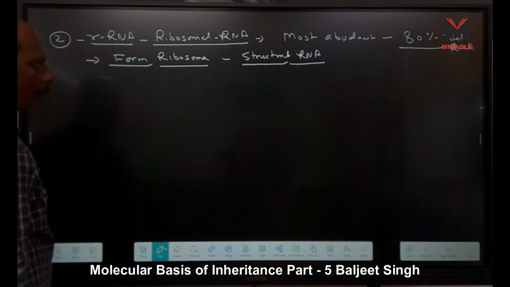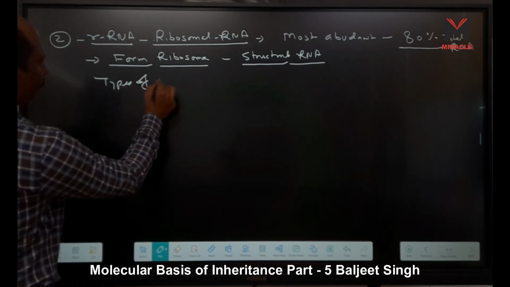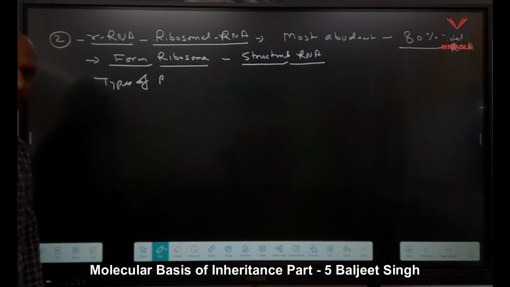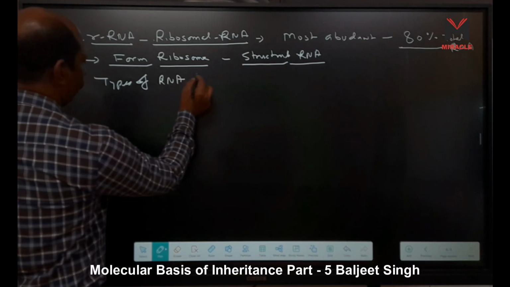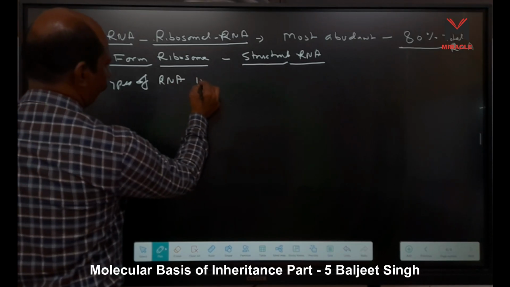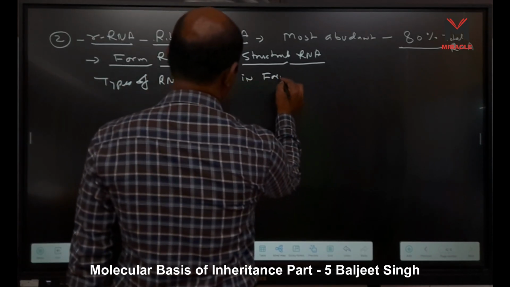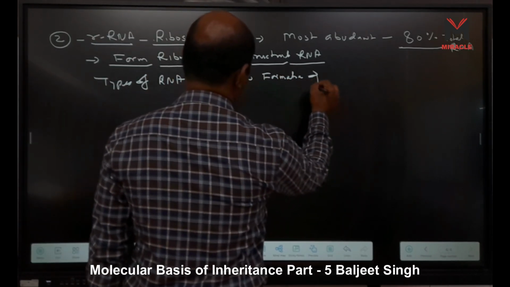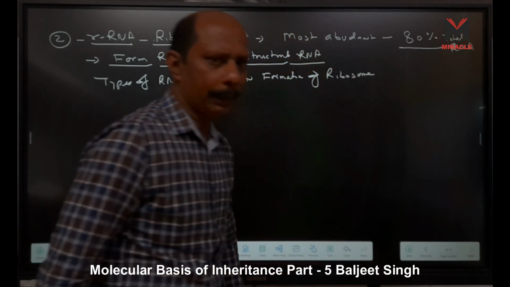Okay, now how many types of ribosomal RNA? We cannot say types of ribosomal RNA, but we can say how many types of RNA are involved in the formation of ribosome. Because we have two types of ribosomes.